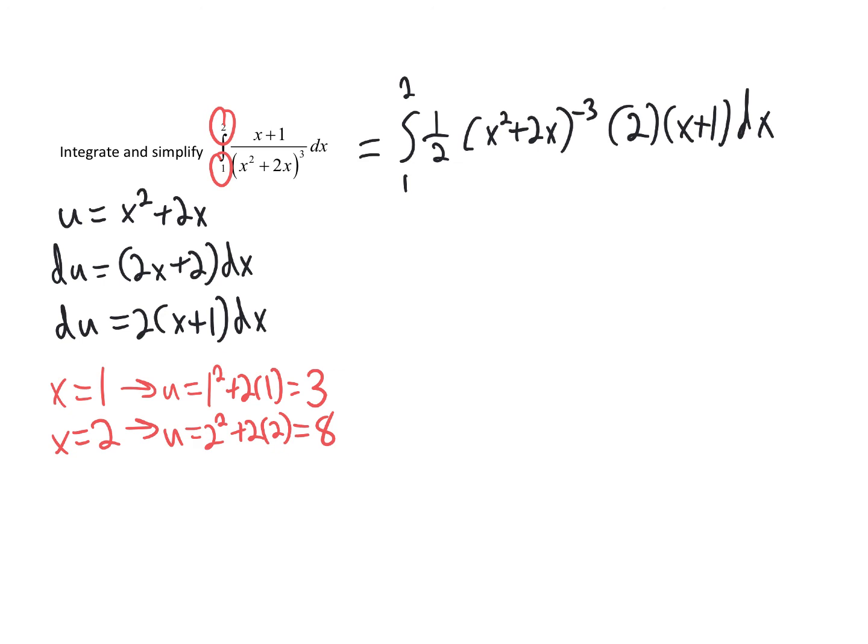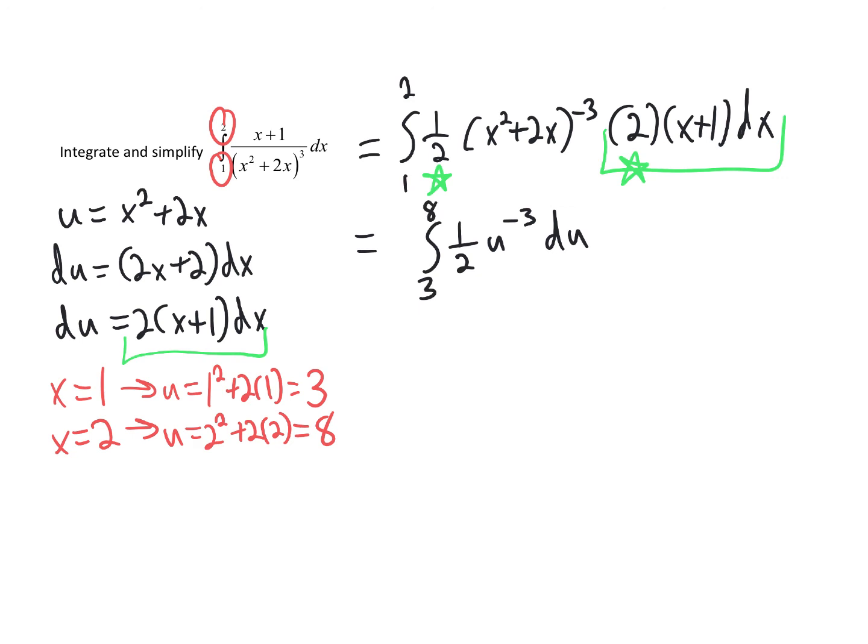Again, we want this to match this, which means I introduce this 2, so I have to divide by 2 or times by a half. Now we can substitute in the u's, so 1/2 u to the -3 du, but this is where our limits of our integral change.